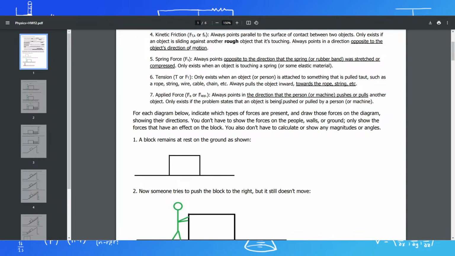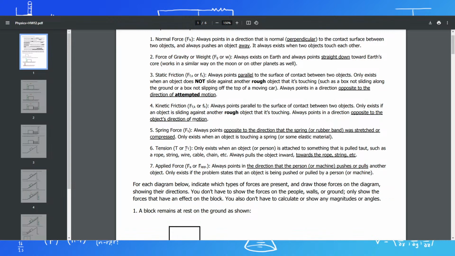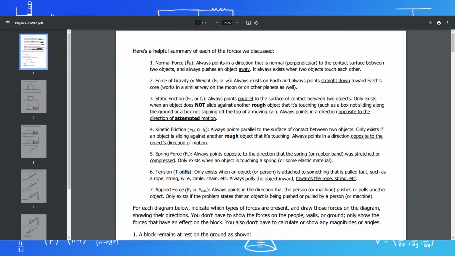It always points in the direction that the person or machine pushes or pulls another object, and only exists if the problem states that an object is being pushed or pulled by a person or machine. So basically, applied force will usually be either a tension force or a normal force, or sometimes even a friction force, especially a static friction force.